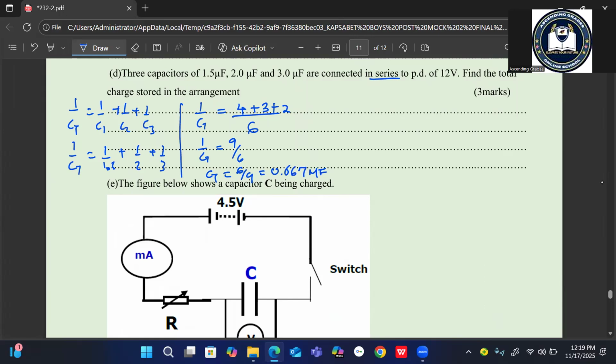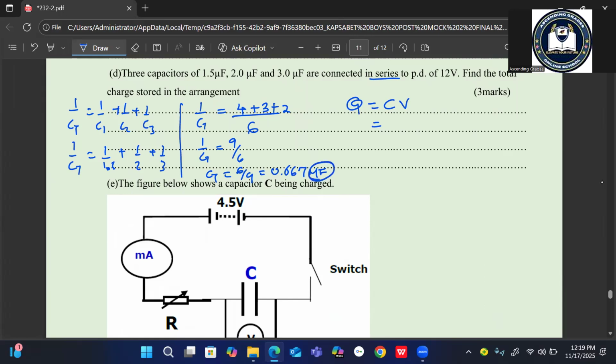Now we get the charge from the formula that charge Q is given by capacitance times voltage.